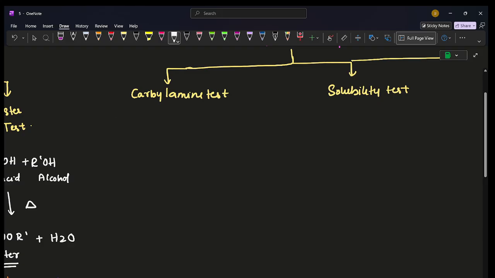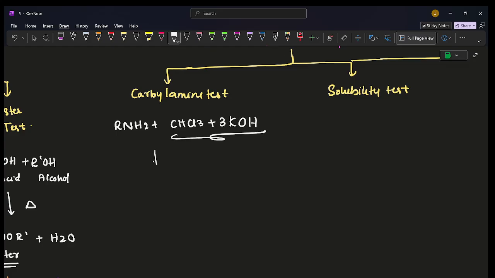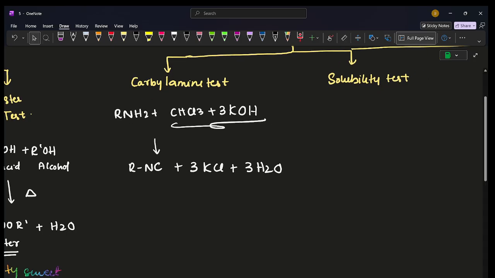So you have RNH2 with CHCl3 and KOH. Remember the reagent, this is basically the reagent. And you're going to get RNC, which is an isocyanide.